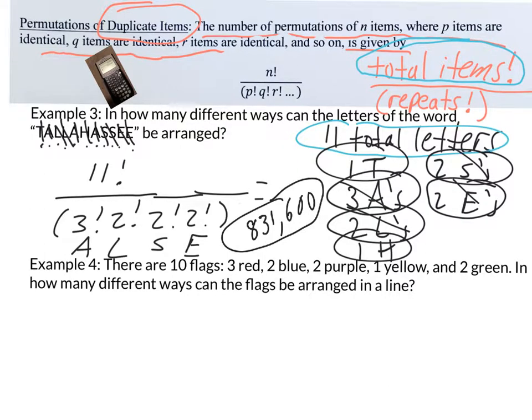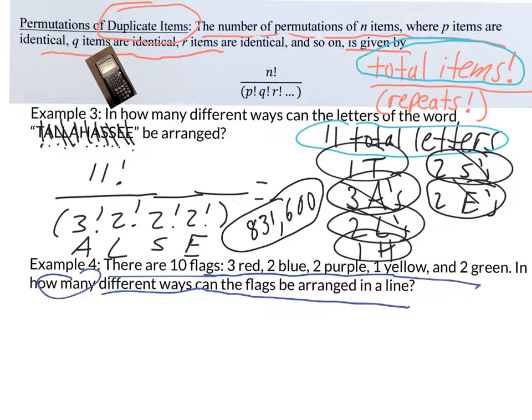It might not always be repeating letters in a word. There's a flag example I've seen in the My Math Lab homework as well. So example 4, there are 10 flags, 3 red, 2 blue, 2 purple, 1 yellow, and 2 green. In how many different ways can the flags be arranged in a line?